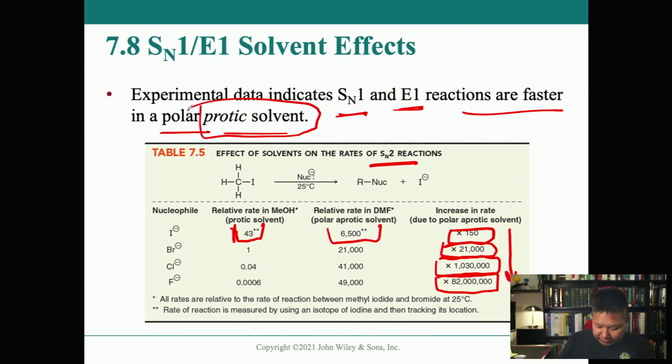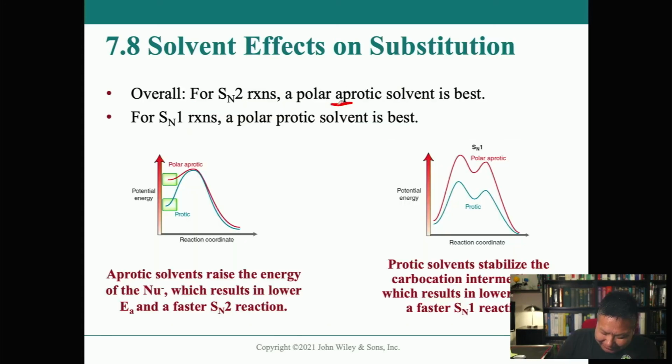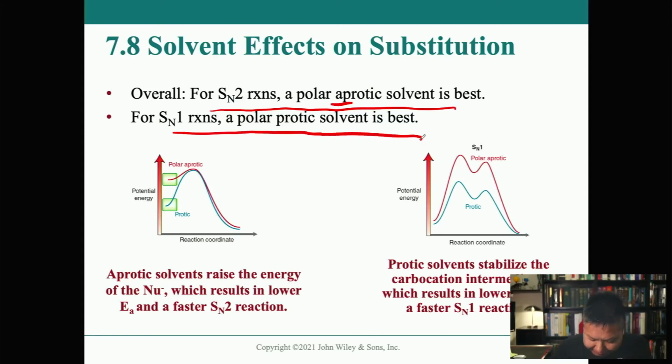Okay, so let's look at that on a graph. For SN2 reactions, a polar aprotic solvent is best overall. For an SN1 reaction, a polar protic solvent is best.